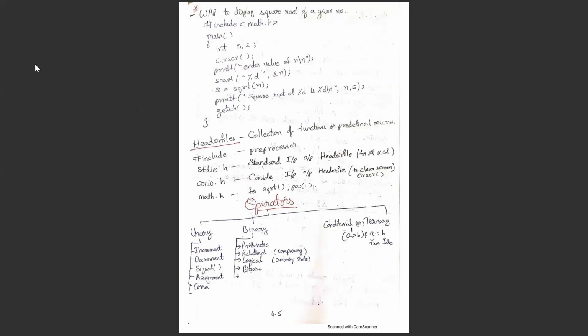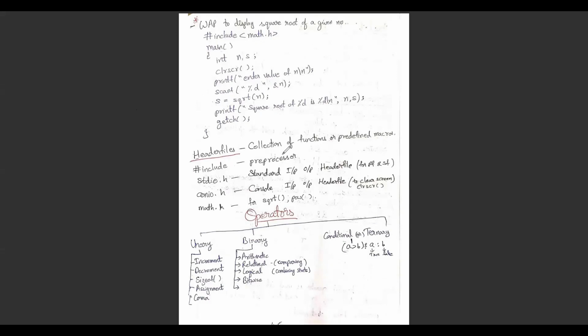stdio.h, standard input output. conio.h, console input output header file. math.h for doing some math operations, square root, power. So you're going to use this math.h. Example you can see here. In order to use square root or power, you're going to use one more header file called math.h. In main, you're going to take n and s.